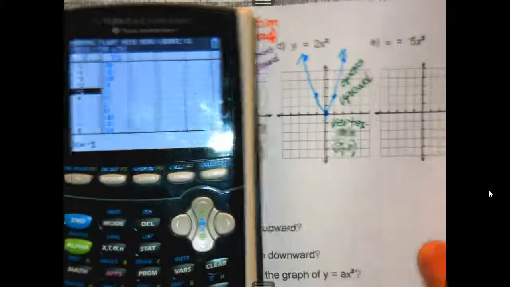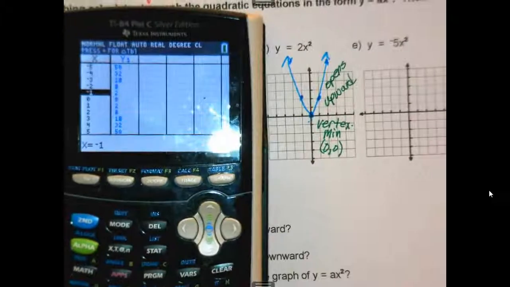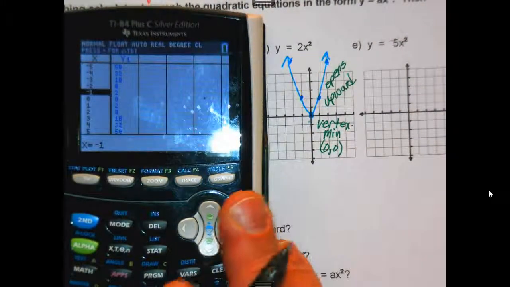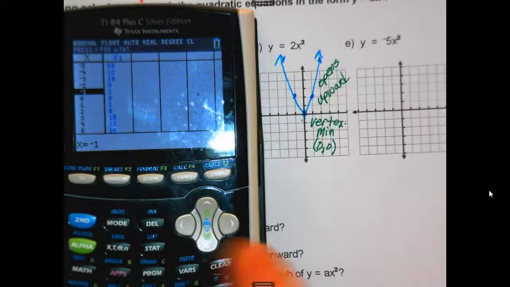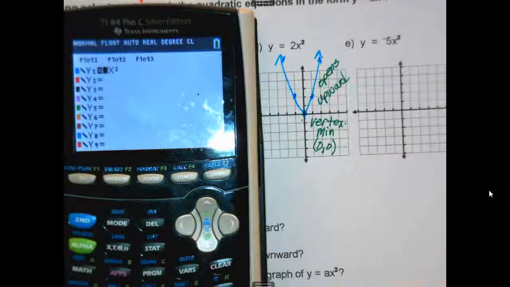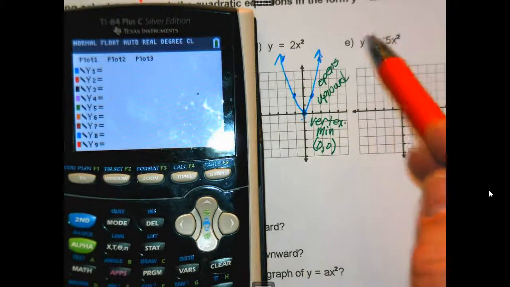All right, and the last one. I'm going to put in negative 5x squared in my y equals. So I've got to go back to my y equals and clear that out. Now I'm going to put in negative 5.